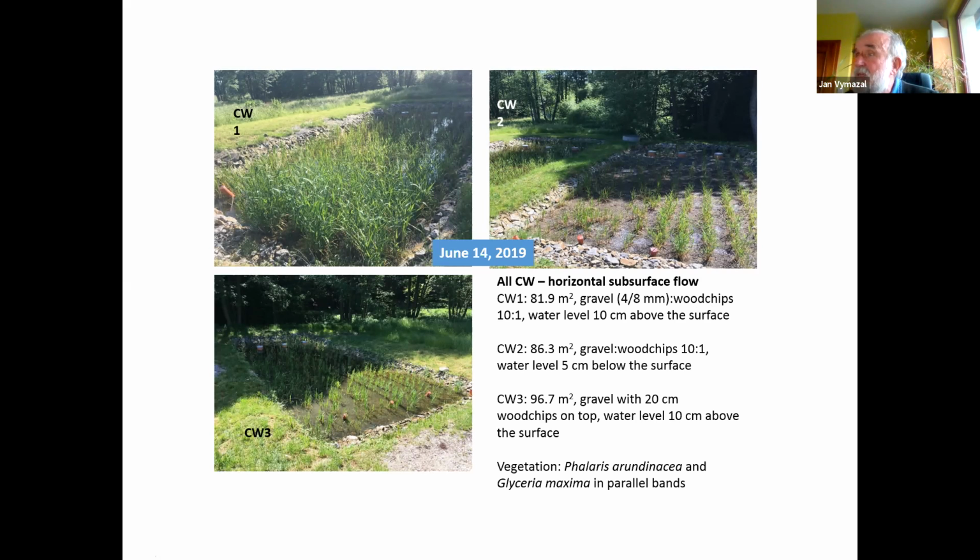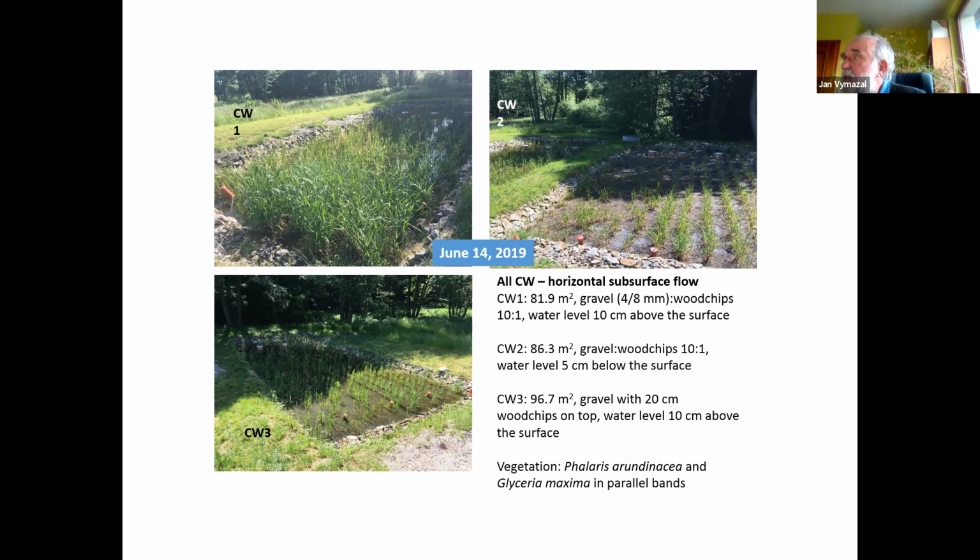The outlet is at the bottom. The second one is a very typical subsurface flow constructed wetland. In the third wetland, we have 80 centimeters of gravel and 20 centimeters of wood chips on top of that, so the wood chips and the gravel are not mixed together.